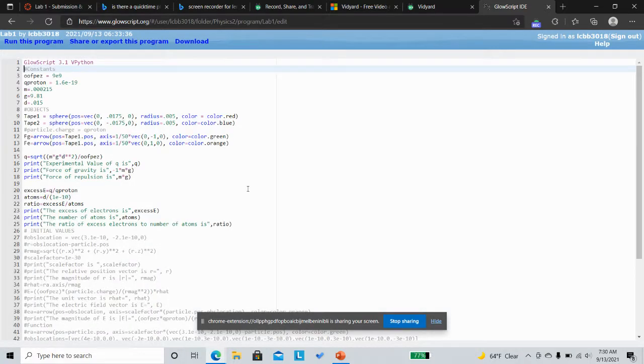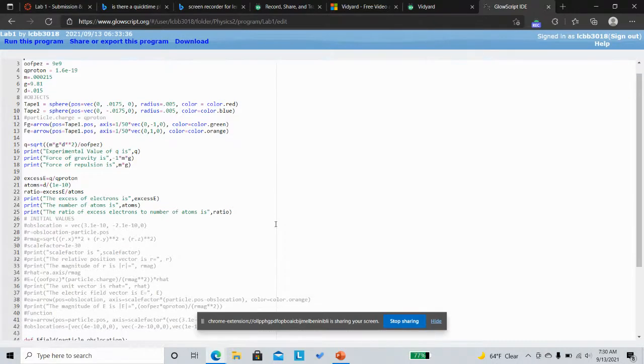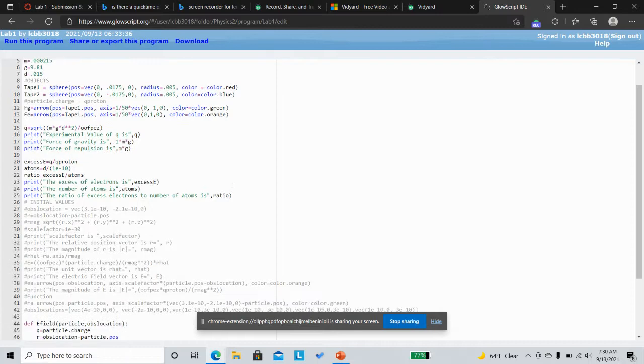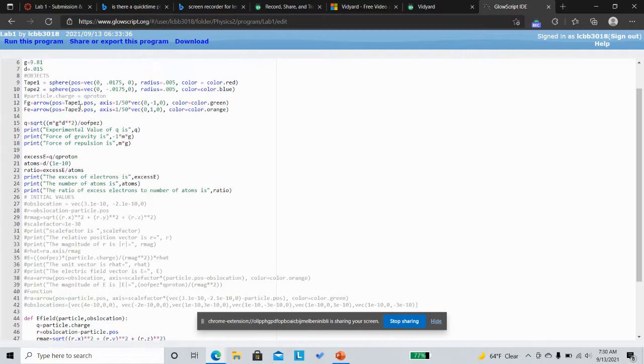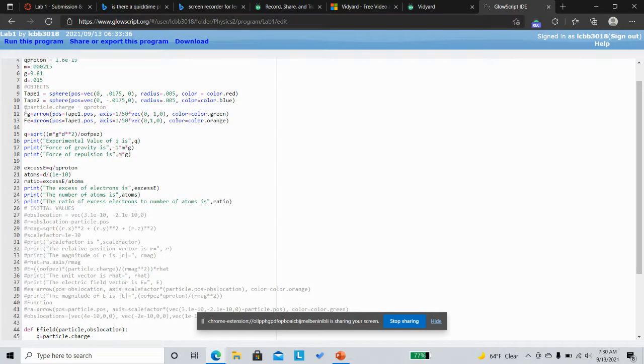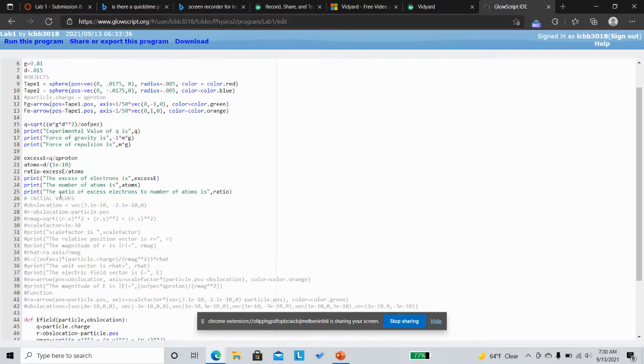Here's the code for the model. Here we have tape 1 and tape 2, the constants which involve the experiment, and the two arrows which represent the forces. The charge of the top tape is found using this equation, which we derive by making the force of gravity and the electric force equal.